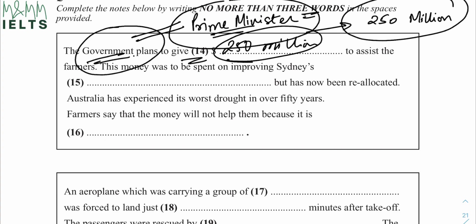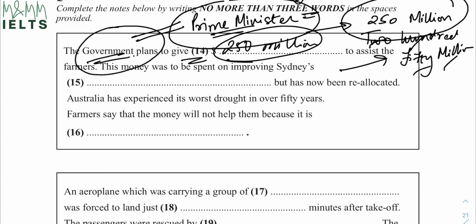If you write this in words, that is in spelling, how will you write it? 250 million. Now, how many words is that counted as? 1, 2, 3 and 4, and you are asked to write not more than 3 words.